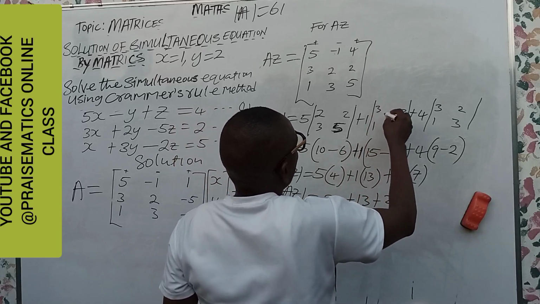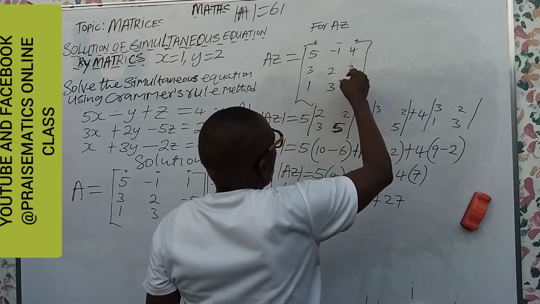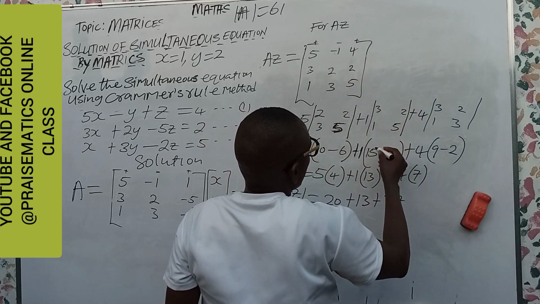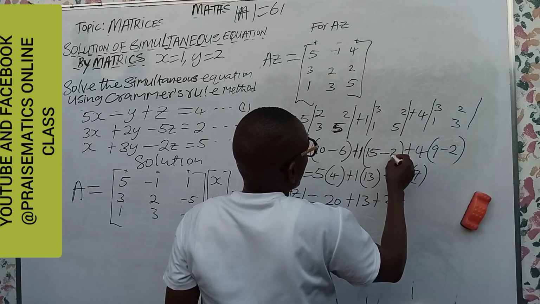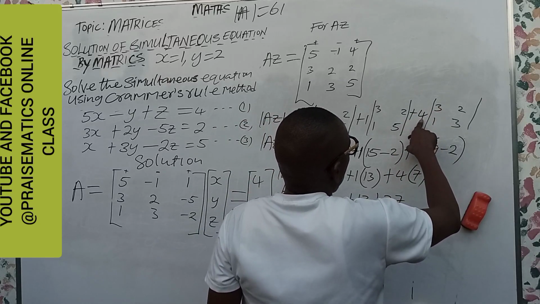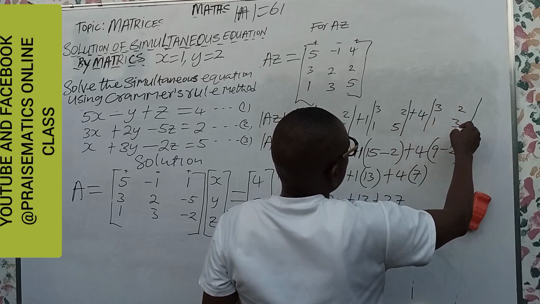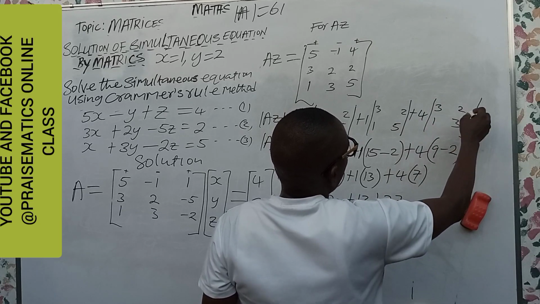Hold this place, we have 3, 2, 1, 5, which is 15 minus 2. Plus 4 into 3 times 3, 9, minus this.